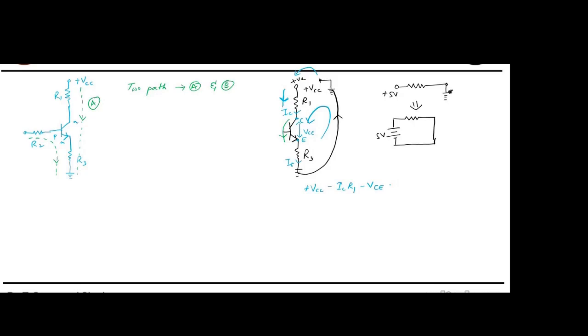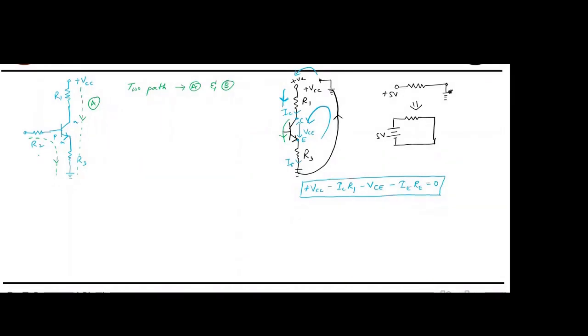Minus. Good. Minus IE RE equals 0. So this equation will be used to solve the numerical. Now I think you must have understood how you apply the KVL.